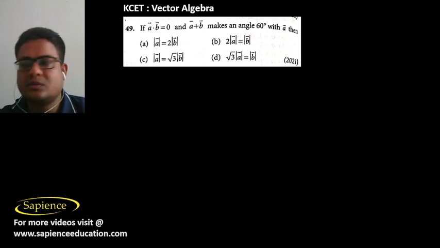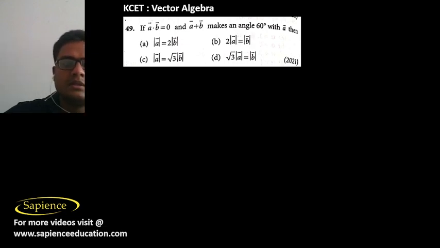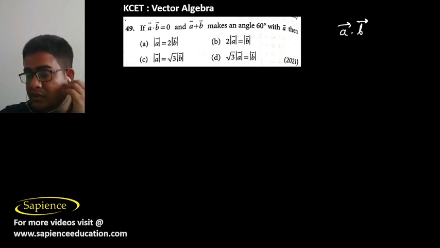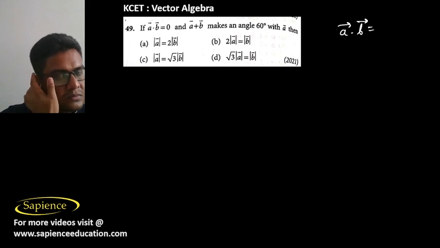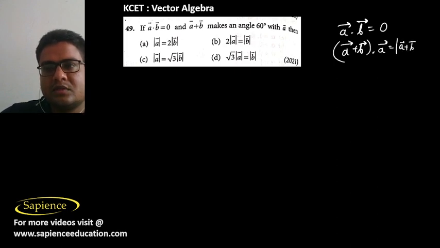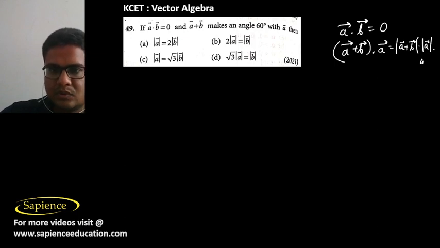And here in question number 49, mod of A dot B is equal to 0, and A plus B vector makes an angle of 60 degrees with A. So A plus B vector dot A vector is equal to mod of A plus B into mod of A into cos 60.